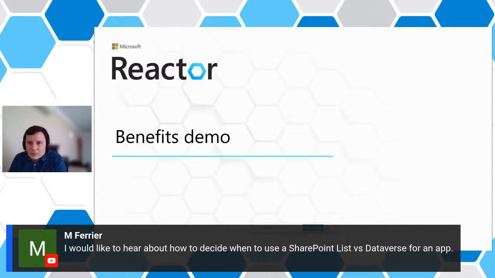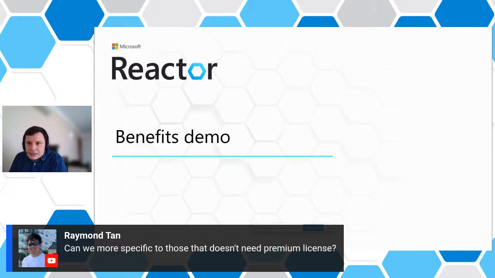Okay, the second one. Well, I hope that resolves your question. The next one is, can we be more specific about those that don't need a premium license? Okay, there are some particular things that might end up needing a premium license. It depends, because you have two main types of license.